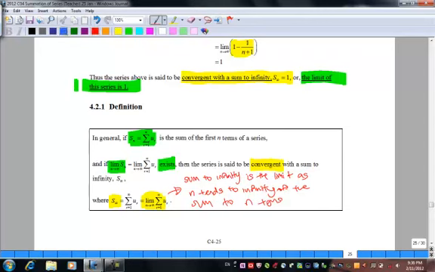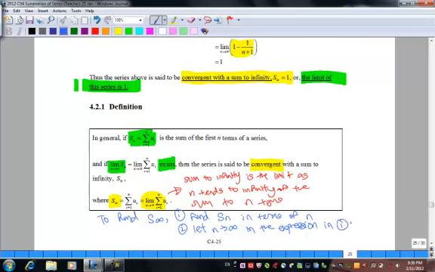This means that in order to find the sum to infinity, what I need to do is, first, I find the sum to n terms in terms of n. And then I let n tend to infinity in the expression in part 1. Okay, and whatever I get there will be my limit.